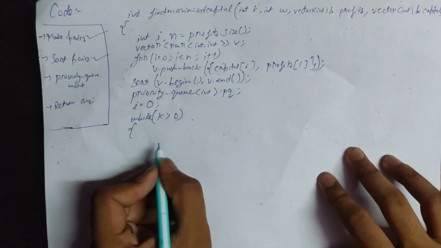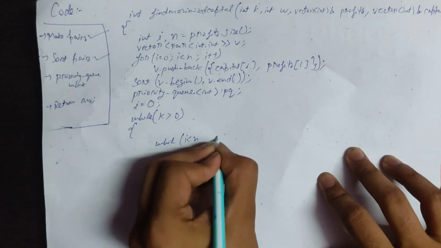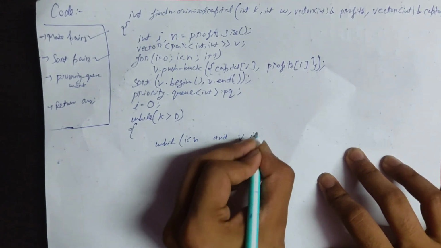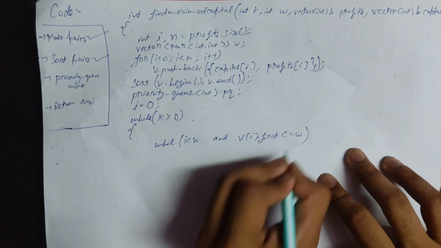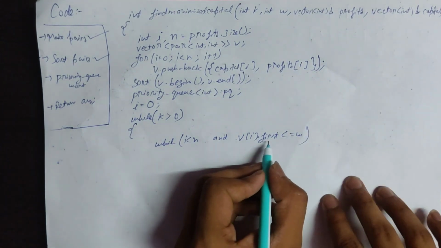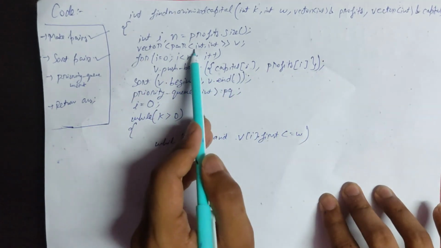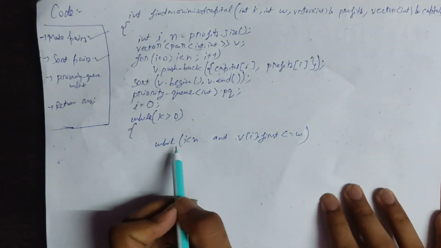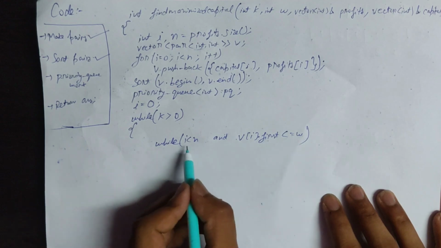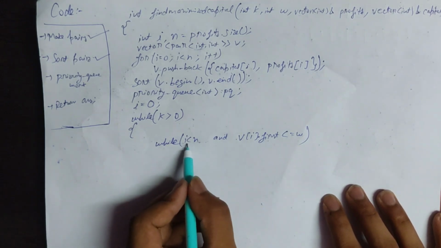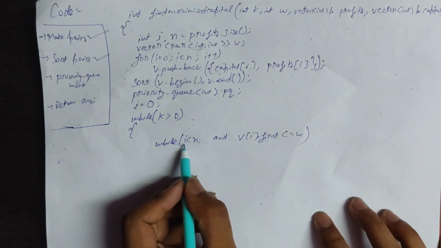So let's code: while i less than n and v[i].first less than or equal to w. v[i].first is a way of determining the first value of the pair we created, which will be the capital. i less than n checks whether the size of the array is completed, so we don't push any value in the priority queue.